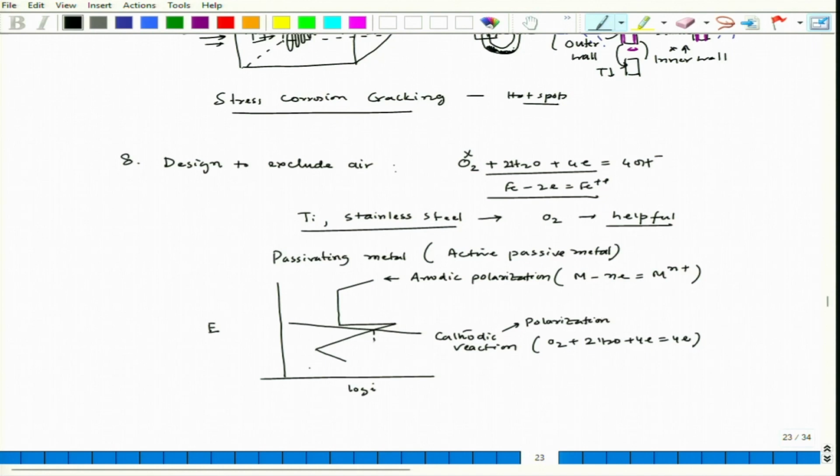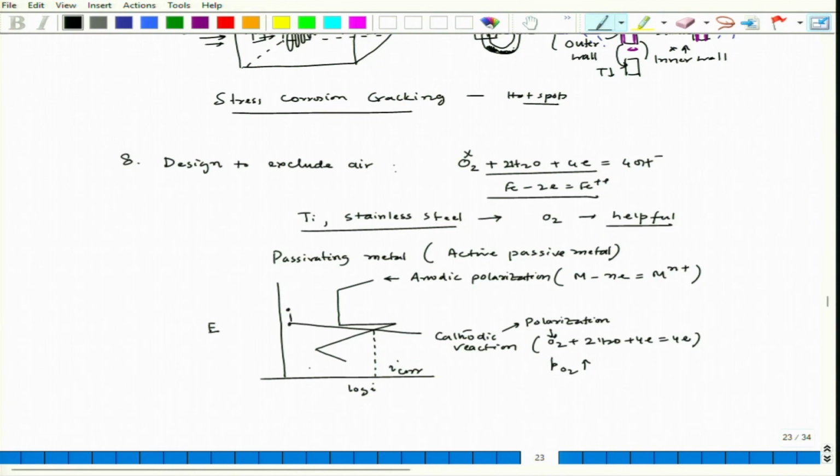Now, this is my I corr, if the cathodic polarization line cuts the active-passive metal in the active zone. But if we add extra oxygen, that means the partial pressure of oxygen goes up, so this point can go up here.